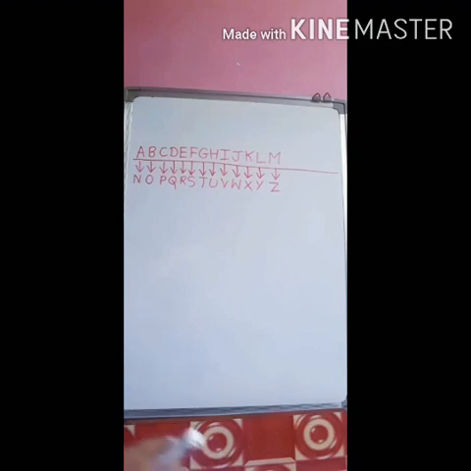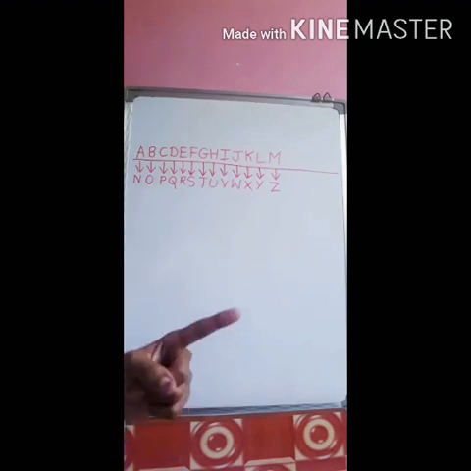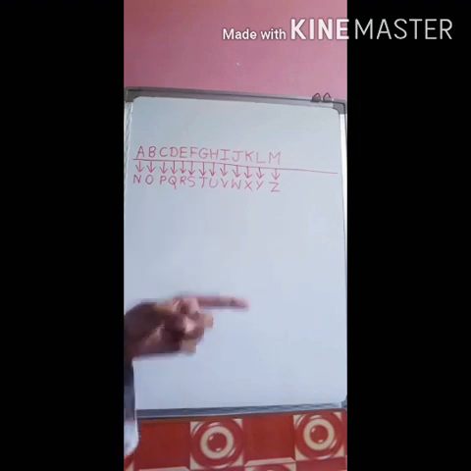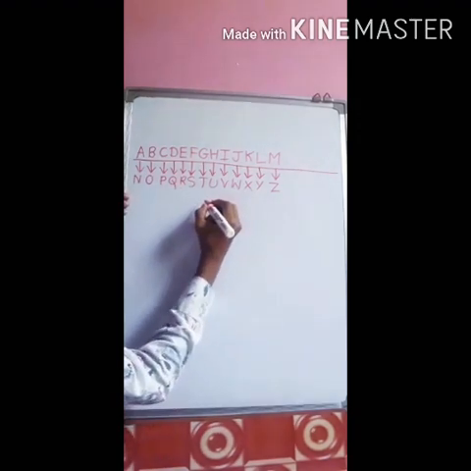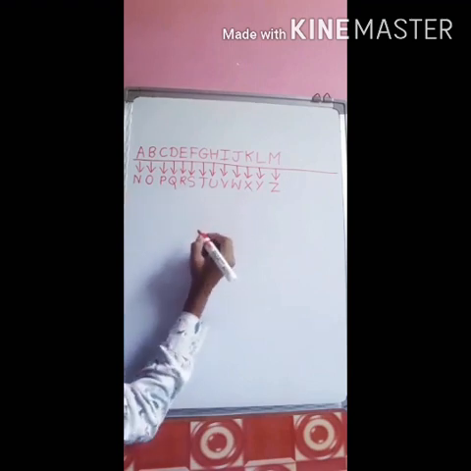Now friends, I will tell you how to make a word with this language. Just for example, we will take the first word, cable. In normal language we will write cable.